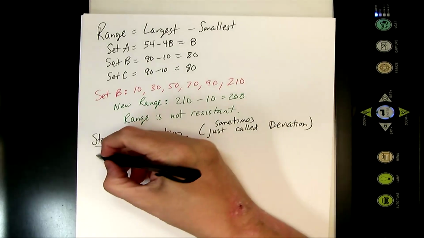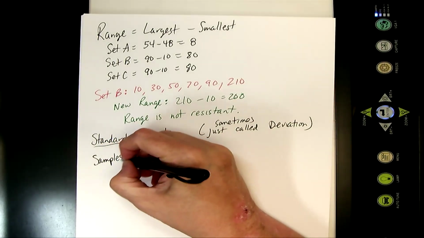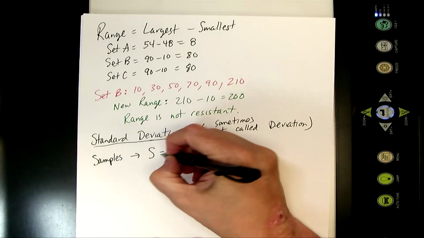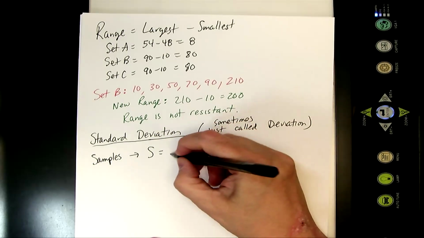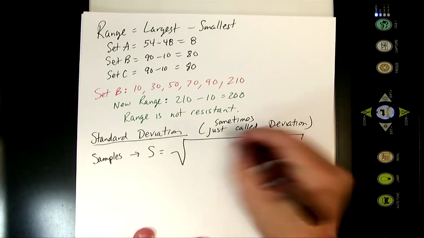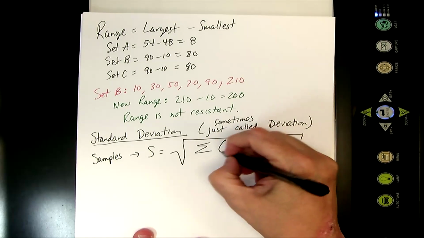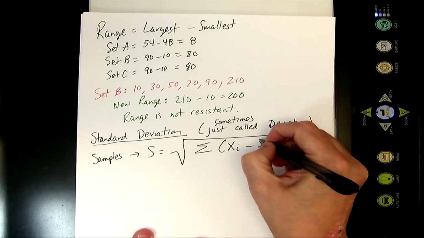For examples, we use the letter S. And if you were here for the sport class, we saw this equation already. It's atrocious.